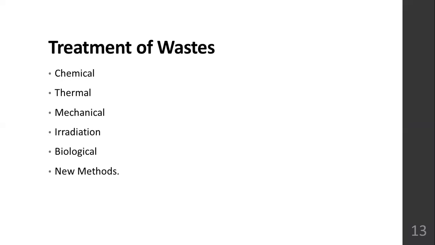From hazardous waste, you're converting it to non-hazardous waste. Whatever method you use, it could be physical, chemical, biological, to make this conversion from hazardous or infectious to non-hazardous or non-infectious. Whatever method you use when you're converting the physical state of the biomedical waste comes under treatment of waste.